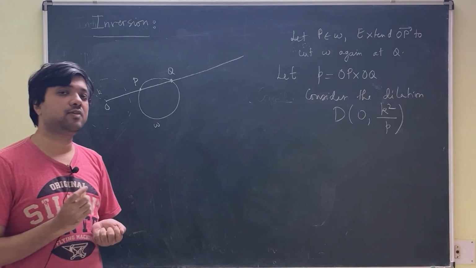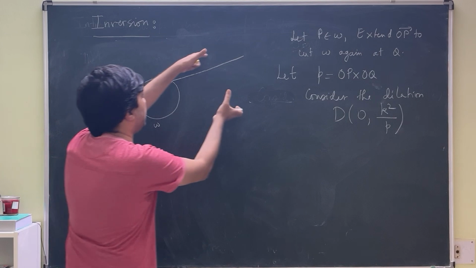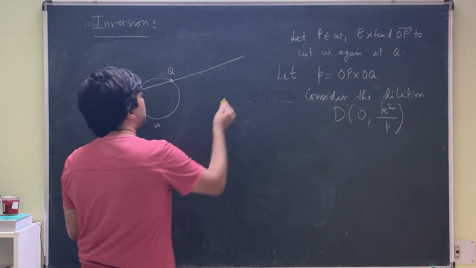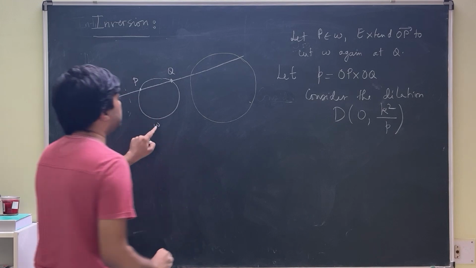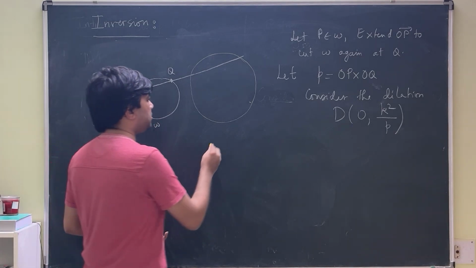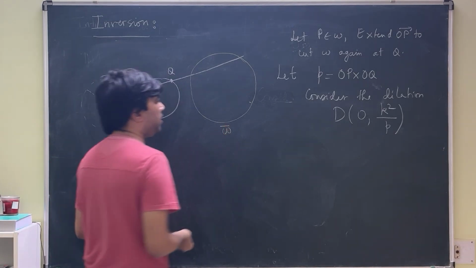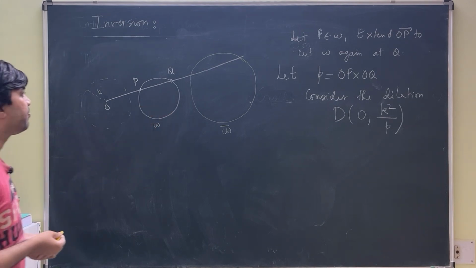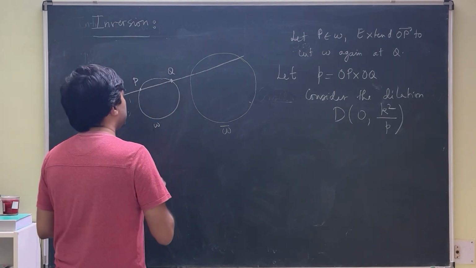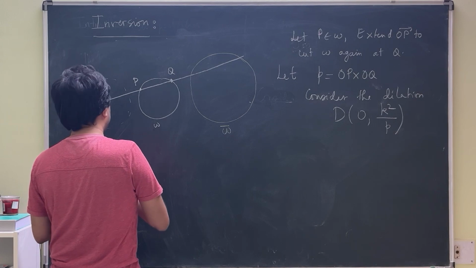From whatever discussion we had under dilation, this circle will dilate to another circle. Let's draw that circle. Okay. So this circle omega under dilation goes to a new circle omega bar, under dilation with that factor k square by p. And when it goes, we know that the center will go to the center.